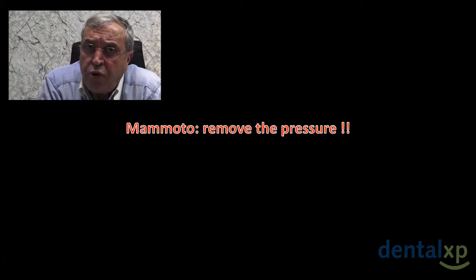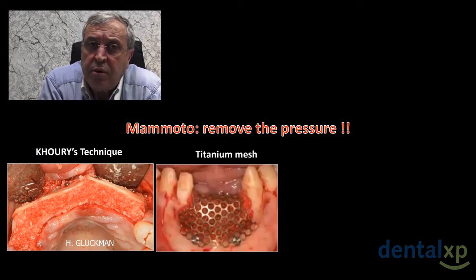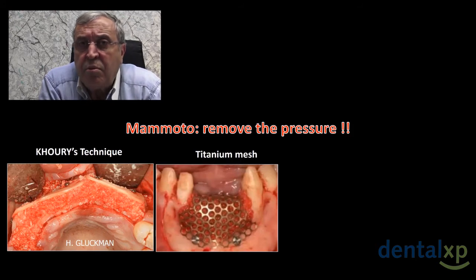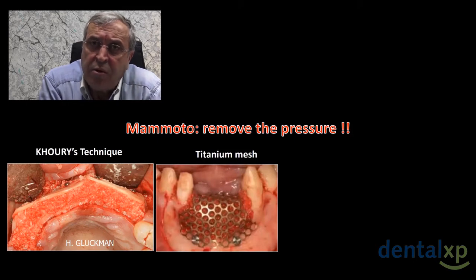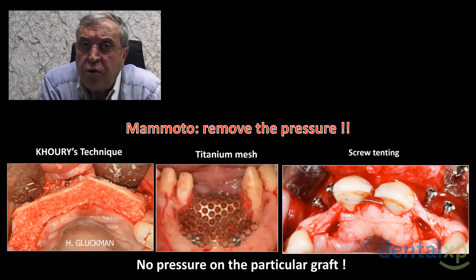We have to remove the pressure, and this is why Khoury's technique is so popular, because the concept of Khoury is to place 2 bone plates to block the pressure from the flap. When you use a titanium mesh, it's the same. The flap is not in contact with the bone graft inside the mesh. And when we use screws, it's the same. The screws block the pressure from the flap.